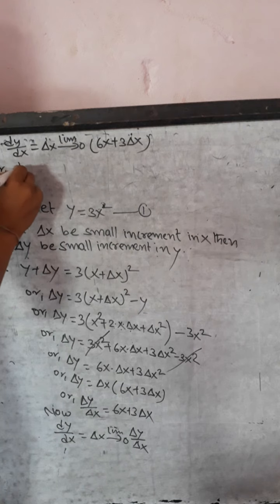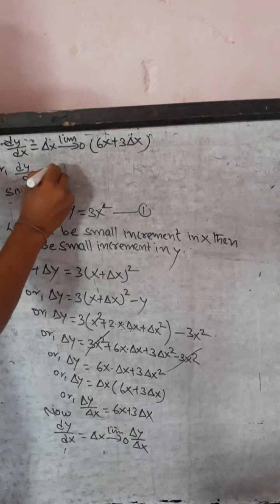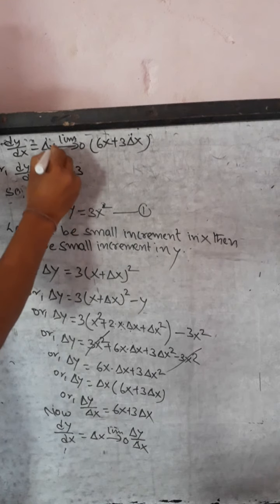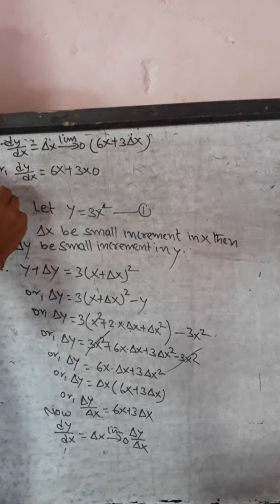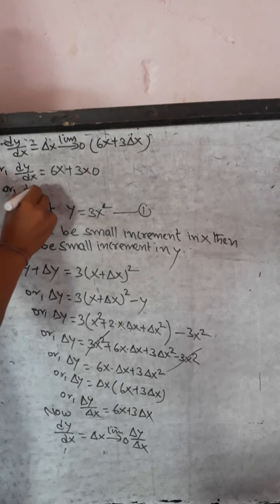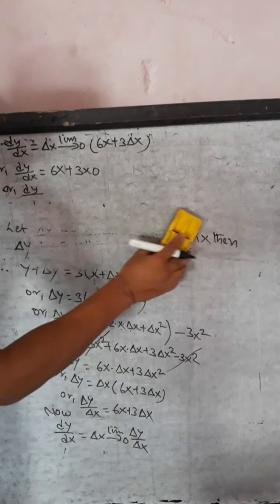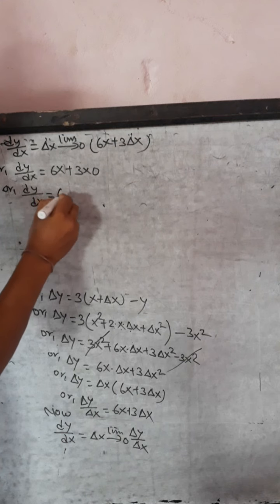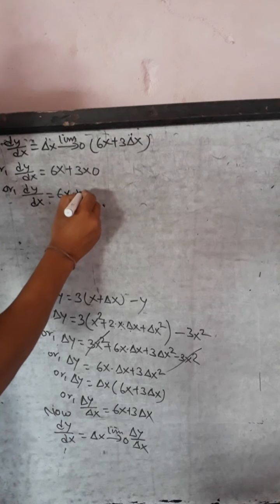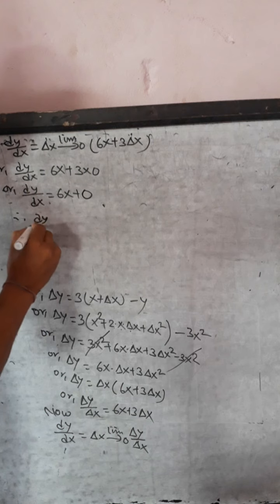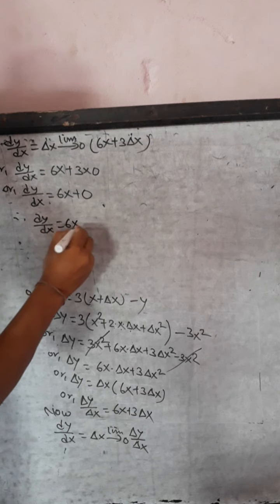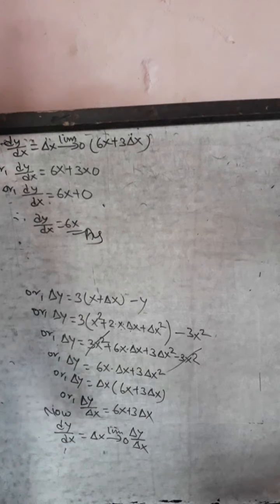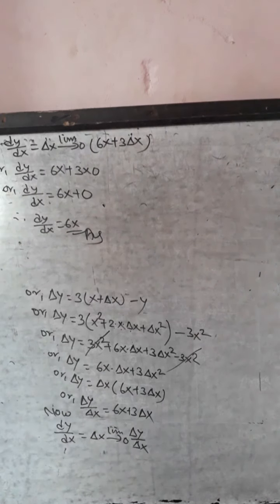So dy by dx is equal to 6x plus 3 into 0, so therefore dy by dx means 6x, which is our required answer. So this is the way how to find the derivatives from first principle.